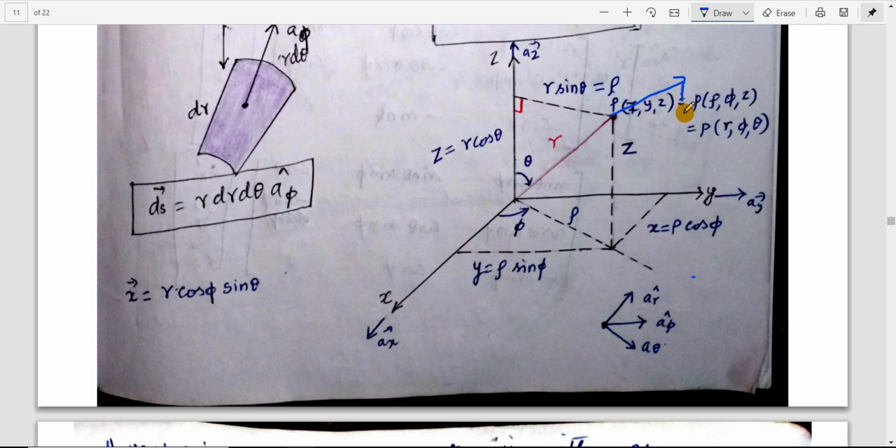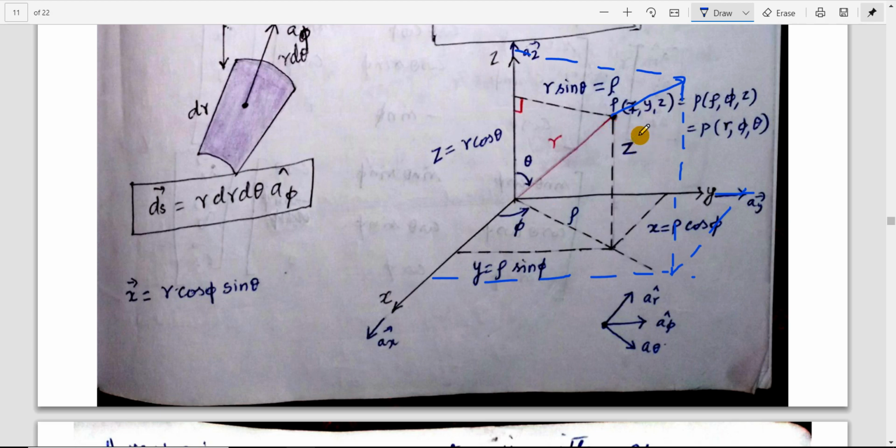We can make the projection on the xy plane like this. If it is meeting the xy plane here, we can make the projection like this. And this vector can also have the projection on the z axis. So we can also draw the z axis projection like this, because this is a unit vector, so we can draw the projections on these 3 axes.